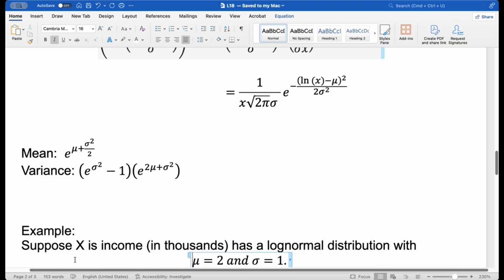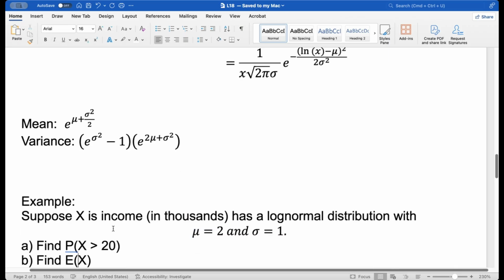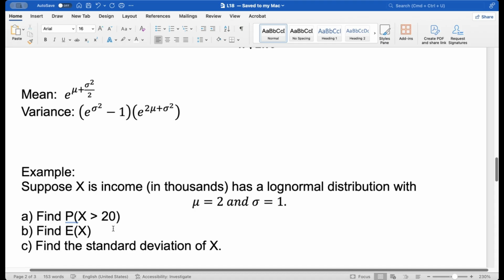All right, an example. A common example where we may be able to use a log normal distribution is income, usually a skewed distribution. Suppose income x in thousands has a log normal distribution, with mean 2 and standard deviation 1. We're going to find the probability that x is greater than 20, and then the expected value and the standard deviation.